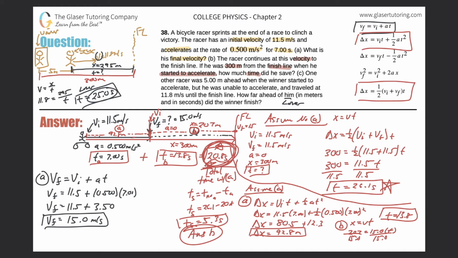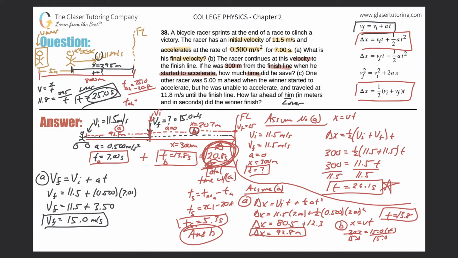So in order to find how far ahead, it would simply be the 25.0 seconds and subtract out the 20.8. Okay, so this is now the time ahead that the winner finished. So this is 25 minus 20.8.